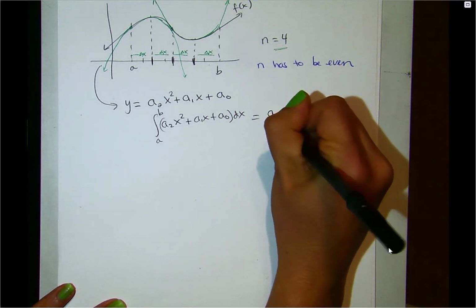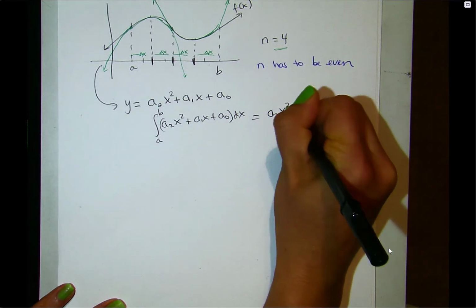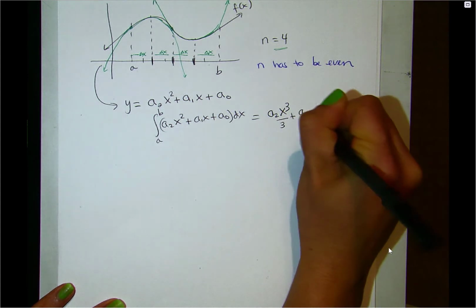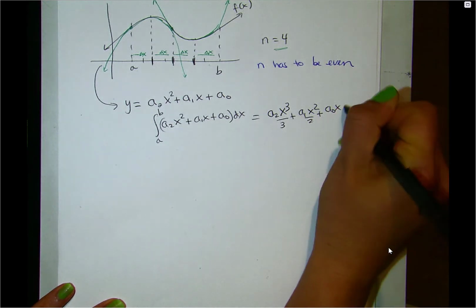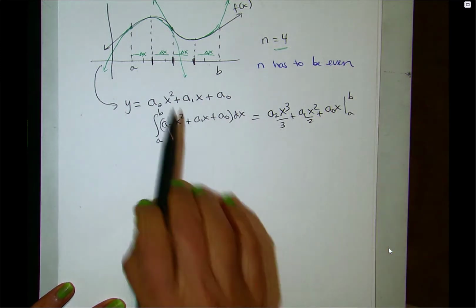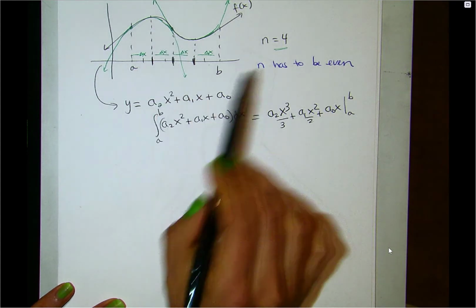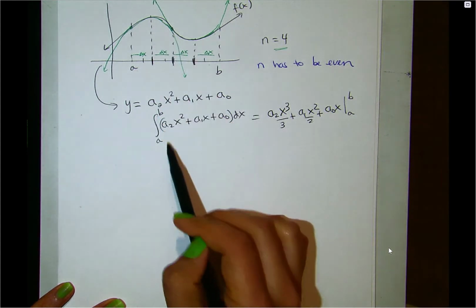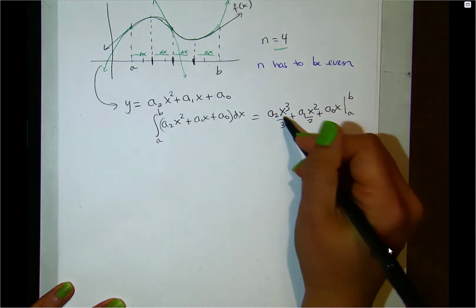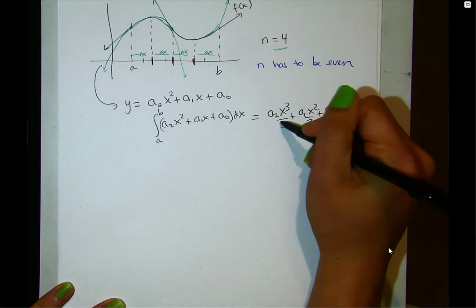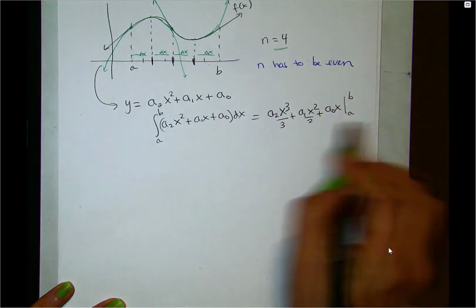So this will be a2x cubed over 3 plus a1x squared over 2 plus a naught x, and so on. You evaluate it from A to B. And then we're going to have another parabola, b2x squared plus, but all of these parabolas, after you integrate them, they're going to have this common 1/3.